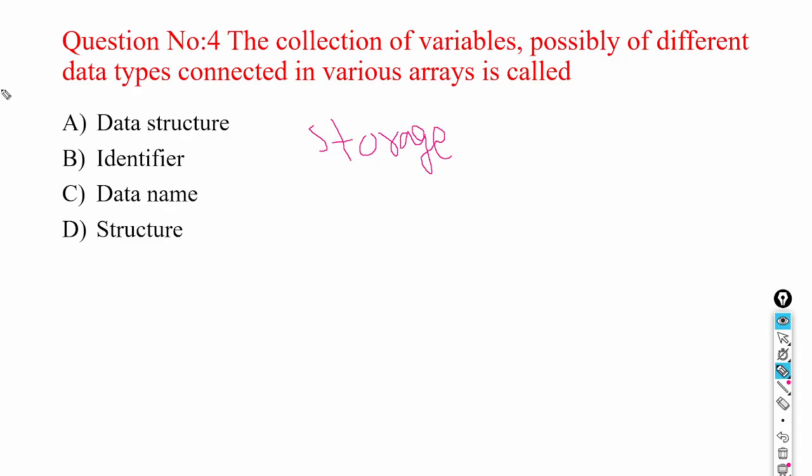Storage is efficient. It is easy to access. If you arrange in a sequence order, then we can access it easily. Yes, easy access, and it is better processing. There are different examples of data structures: arrays, linked lists, trees, graphs, queues. Data structures mainly contain which types of data?